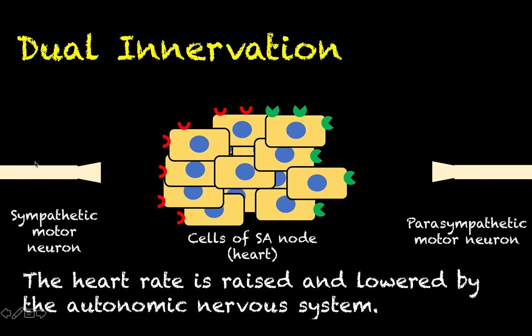So you can see an axon of a sympathetic motor neuron right here, which is synapsing with the SA node. And then the parasympathetic division of the autonomic nervous system, for which you can see the axon of a parasympathetic motor neuron here. So these cells of the SA node are synapsed on by two different neurons at the same time, one from the sympathetic division and one from the parasympathetic division.